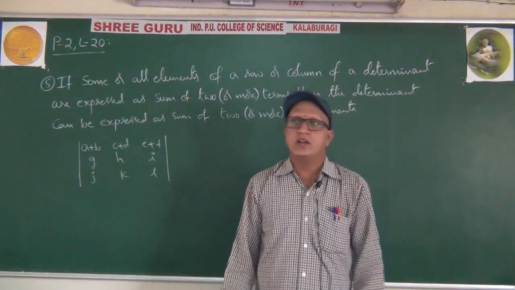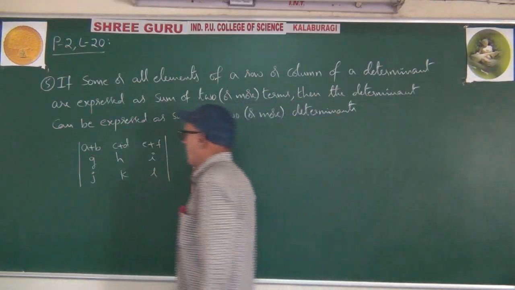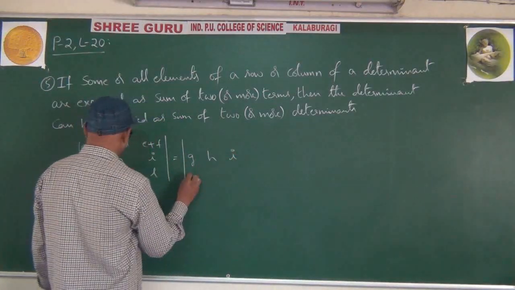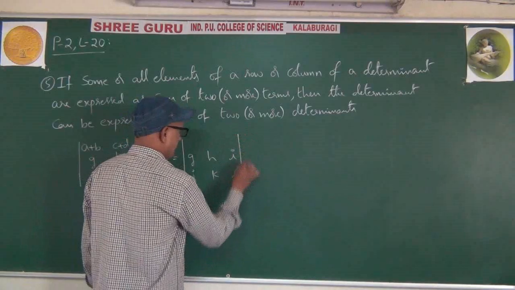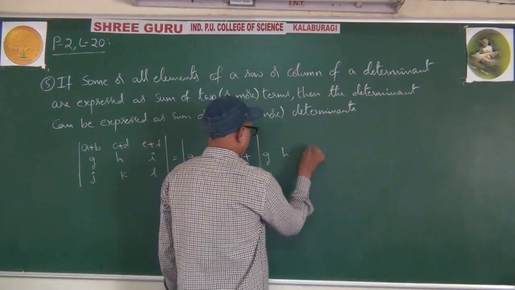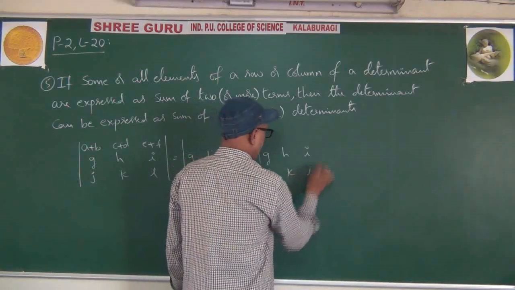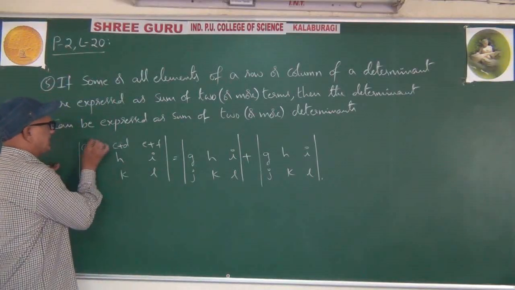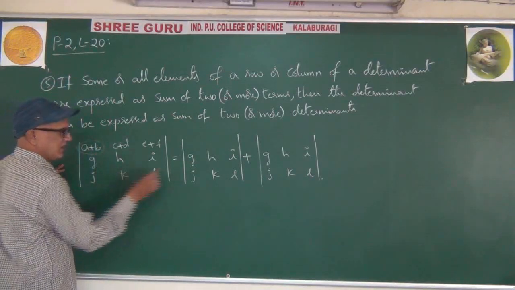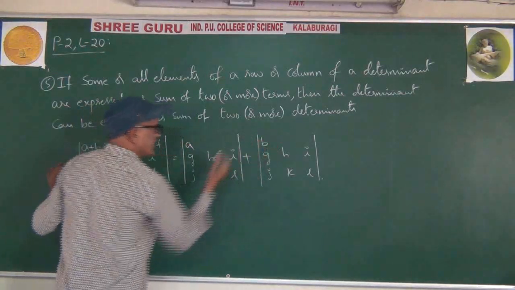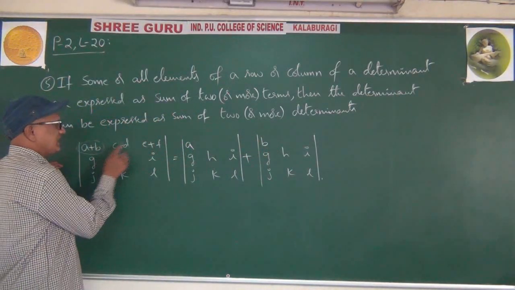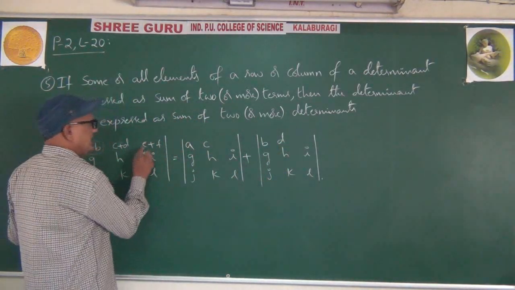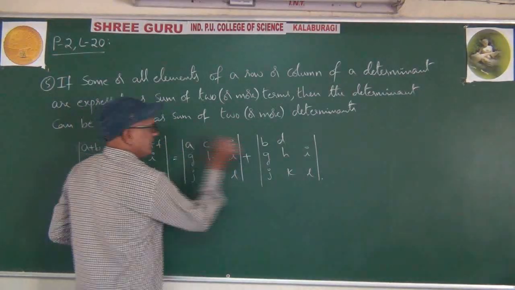As per this property, how can we write this determinant? We can split this as a plus b, a here plus b; c plus d, c here plus d; e plus f, e here, f here.